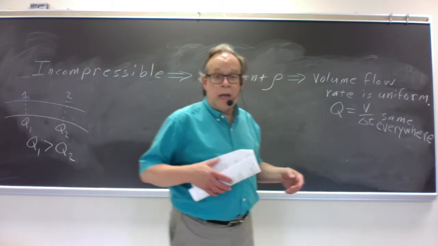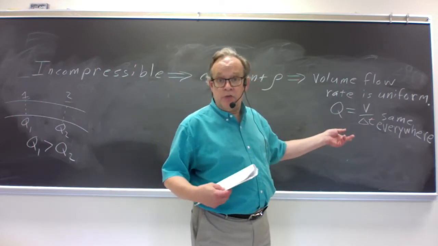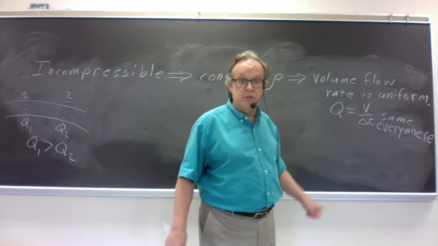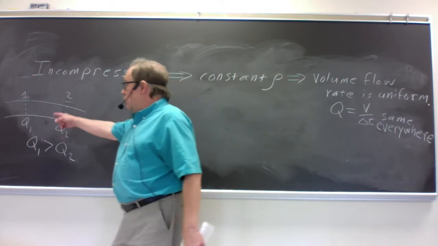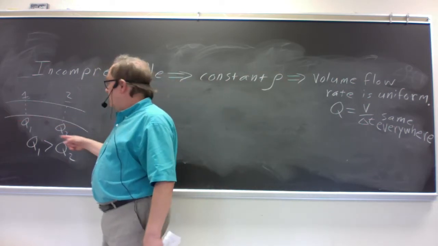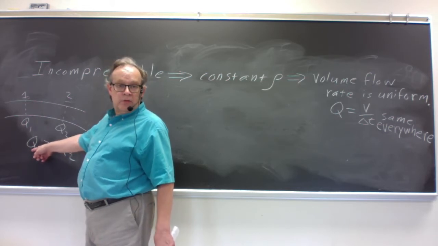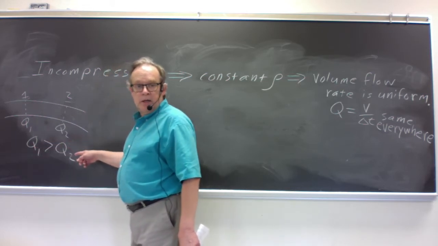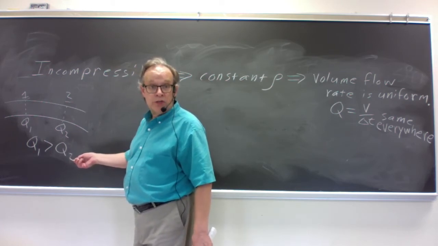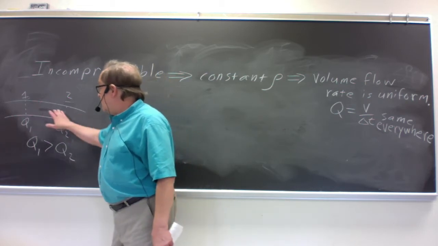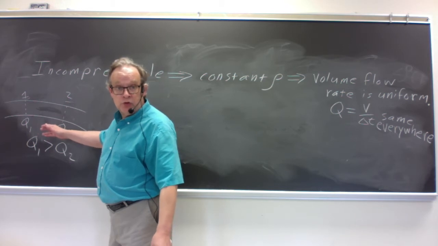Think about what would happen if Q could be different at different points in the fluid, if the flow rate were different at different places. Here's our example. Say fluid is flowing from left to right, and at point 1 there's a certain flow rate, some number of gallons per second, and at point 2 there's a smaller rate of flow, fewer gallons per second. Imagine what would happen if that were true; it can't be true.